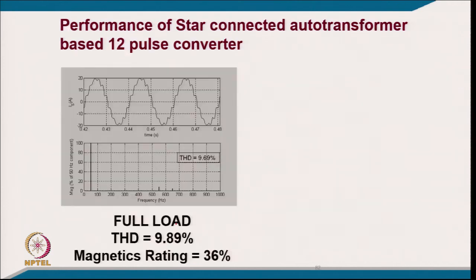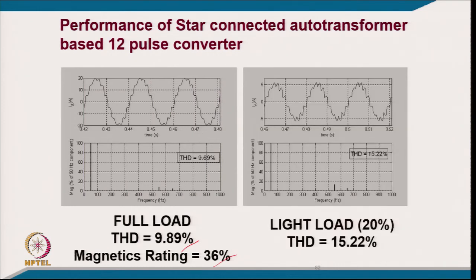And you are able to get typically the TAD of this 12 pulse converter in place of 15 pulse. Because of the effect of leakage you are able to get typically only of the order of 9.89. Interesting is that the magnetic rating is only 36% here, but this is also on the higher side if we talk about some other connections. And the TAD at light load of course goes towards 15%, but at full load it reduces to less than 10% because of the effect of leakage reactance.